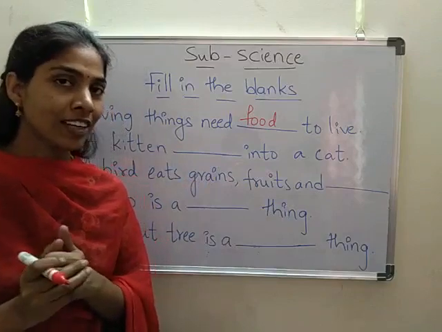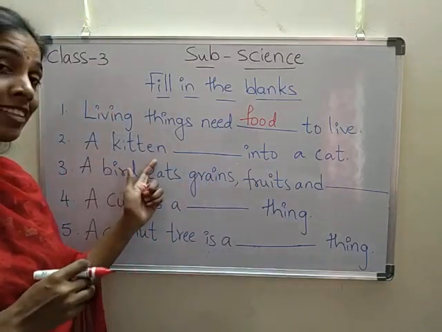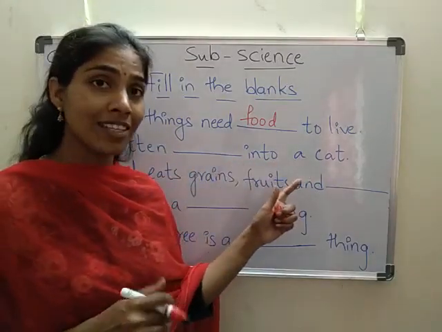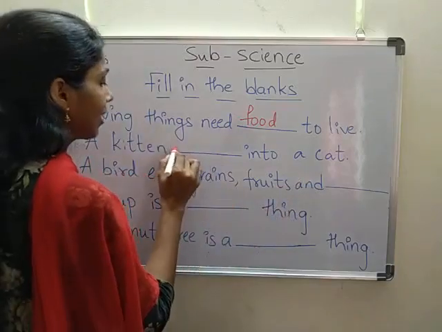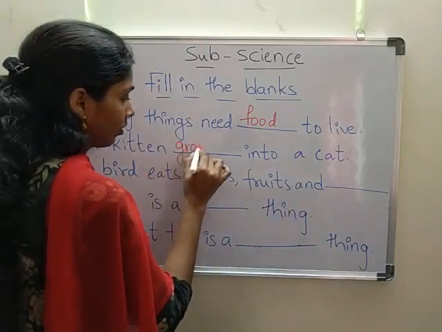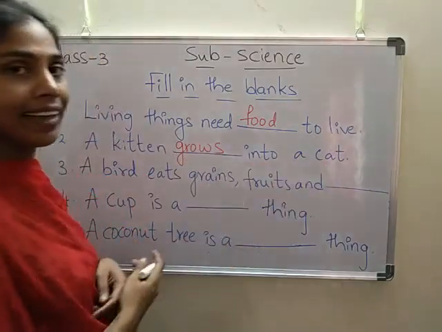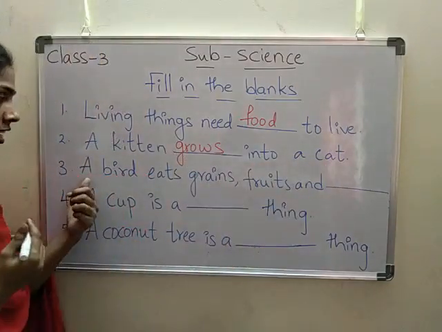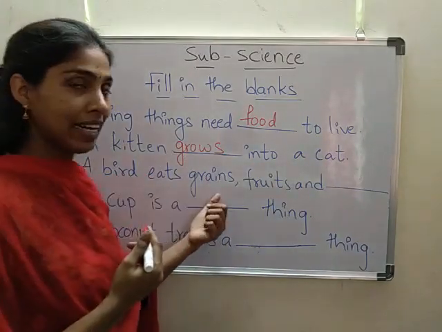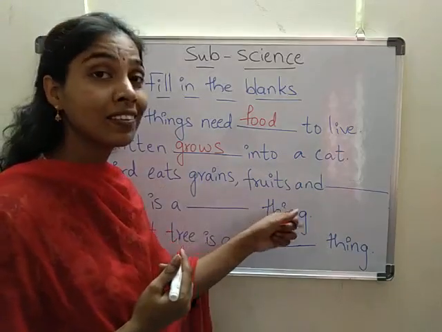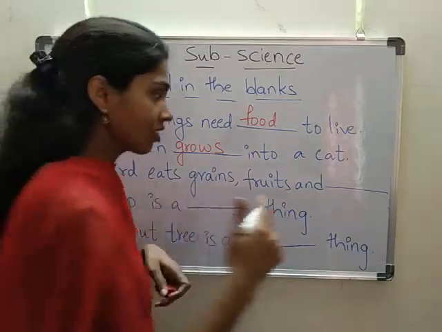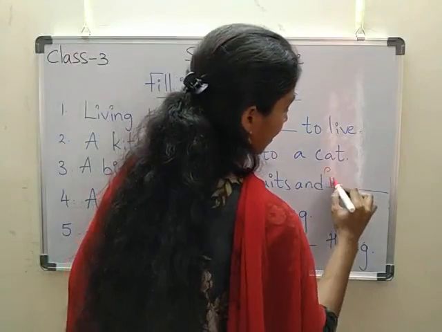Guess the answer children? A kitten dash into a cat. Very good children. A kitten grows into a cat. Very good. Next, a bird eats grains, fruits and very good children, insects.